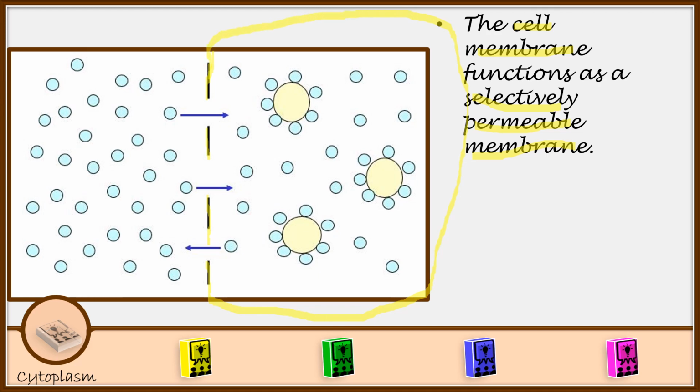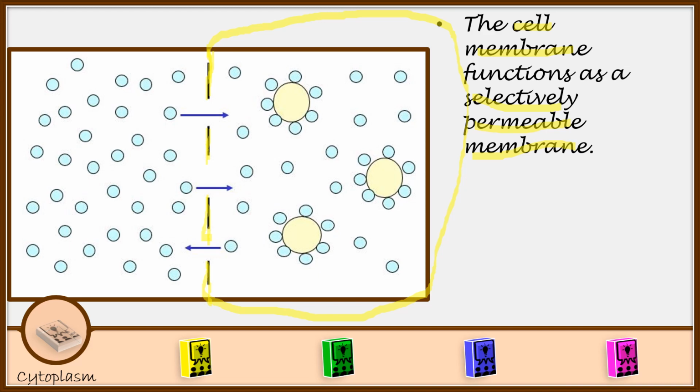Suppose we take this one to be our cell, it will have some pores through it, and those pores would allow materials of a particular size to go through them, and other materials will not be allowed to go through them.